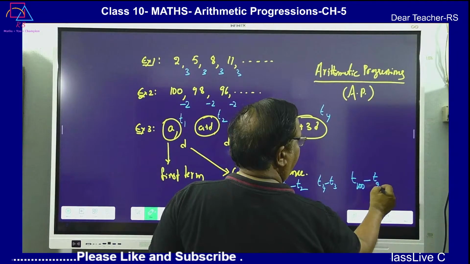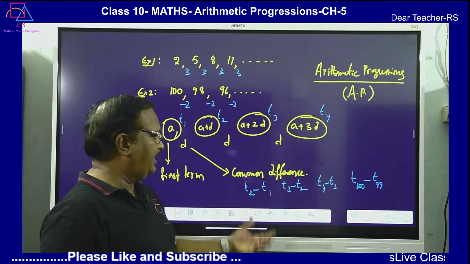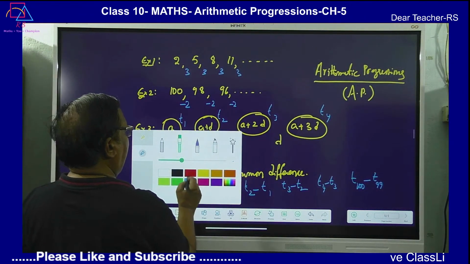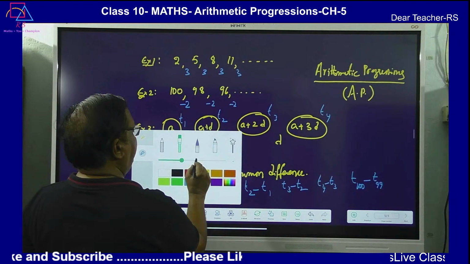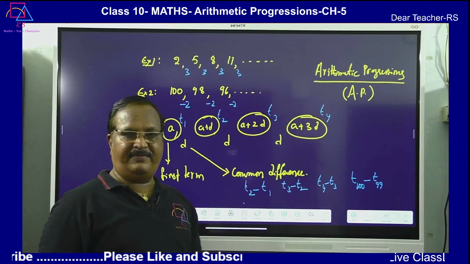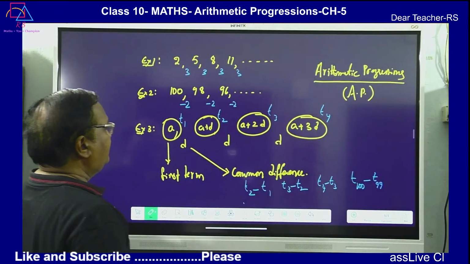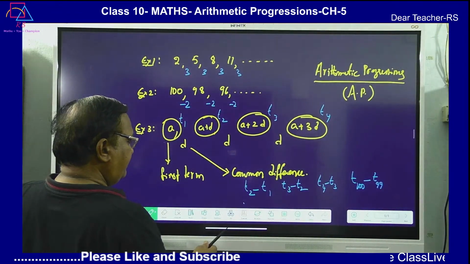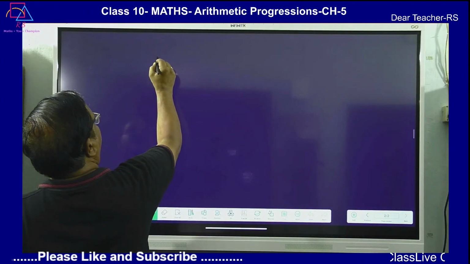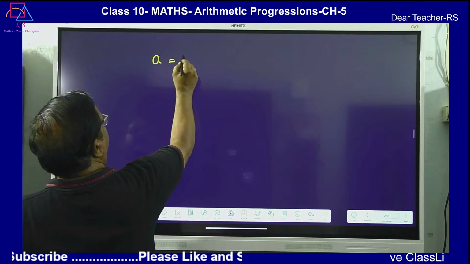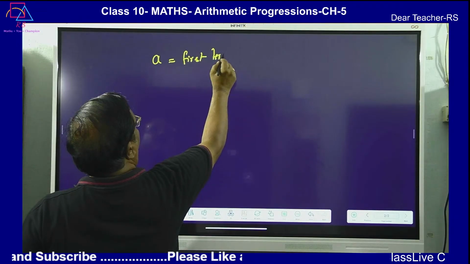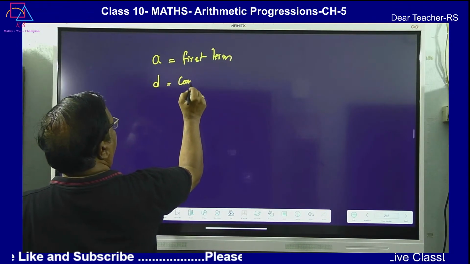That means consecutive terms. If you subtract like this, you get the common difference. So let us understand it very clearly: a is called the first term and d is called the common difference.